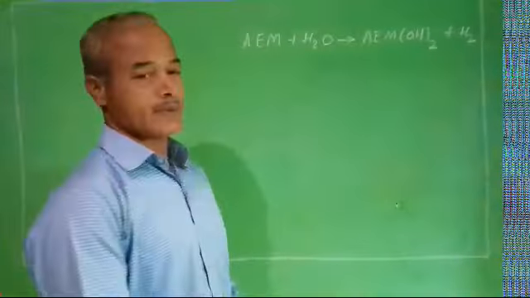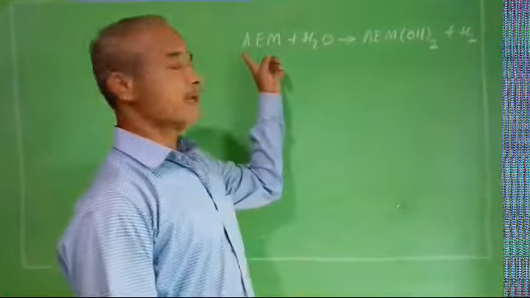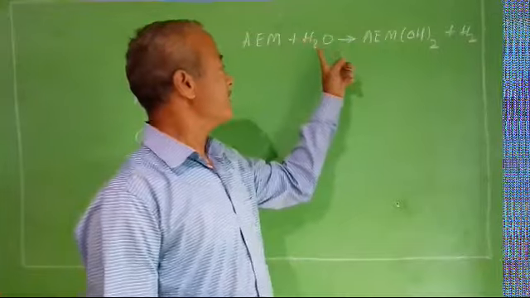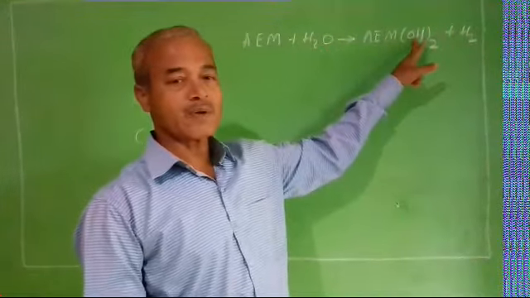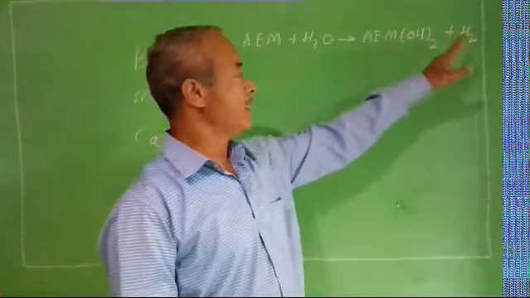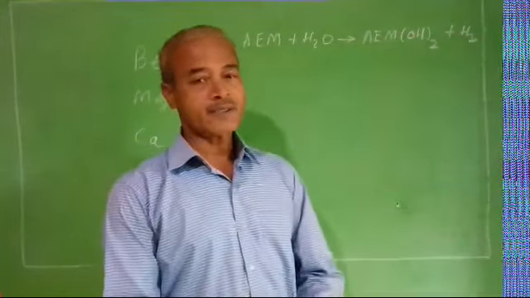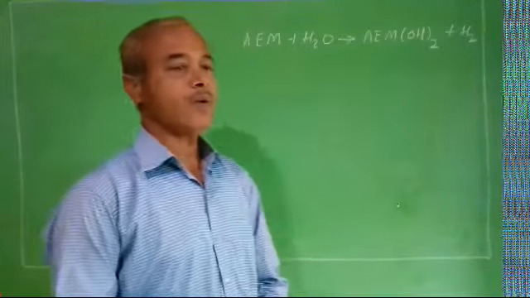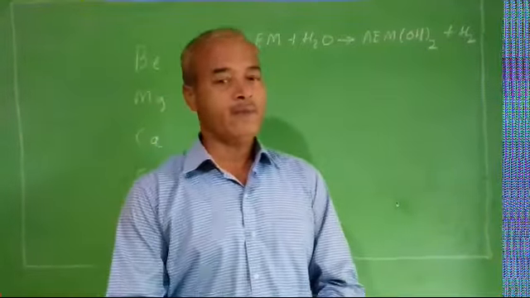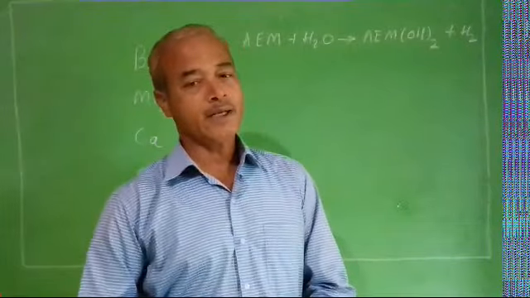When alkaline earth metals react with water, they form their corresponding hydroxides, and hydrogen gas is evolved in this reaction. Now let us see how the reactivity differs in the alkaline earth metals.